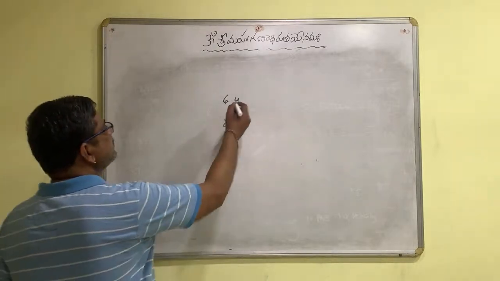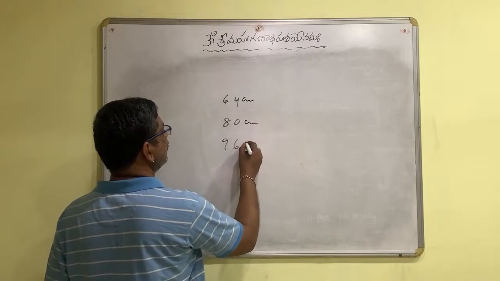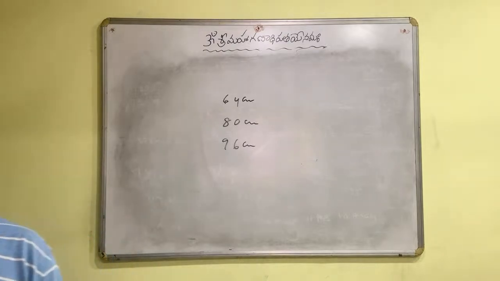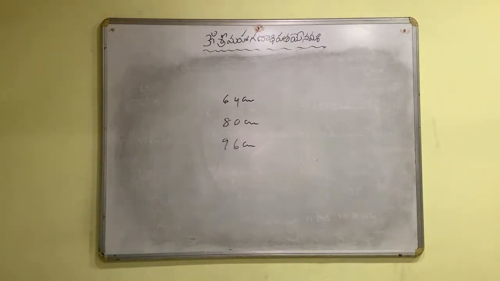So this is a 64 centimeter rod, an 80 centimeter measuring rod, a 96 centimeter measuring rod. Now what is it asking? Find the least length of the cloth that can be measured an exact number of times using any of these rods.